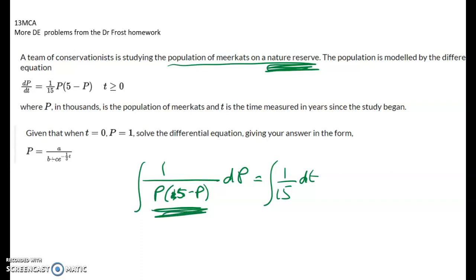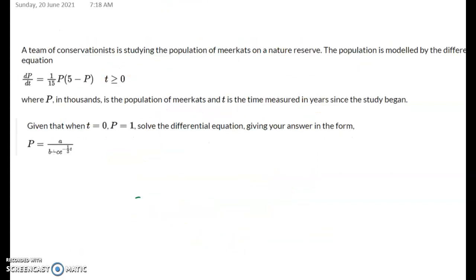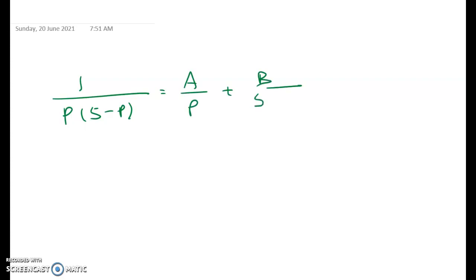But we see that here we have to do some kind of partial fraction split because as it stands, this thing is a nightmare to anti-differentiate. So let's do that. Let's just find a blank page to do that on. So 1 over P and (5 minus P) can be split up into something over P plus something over (5 minus P).